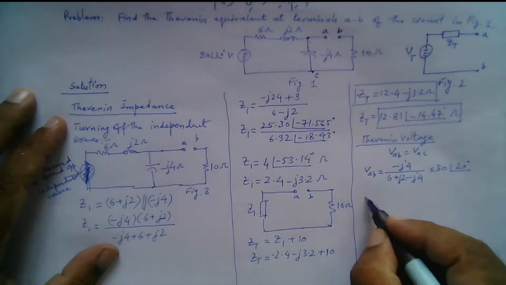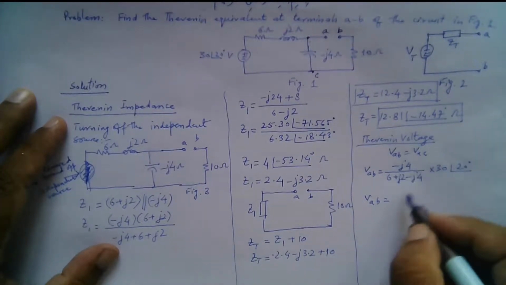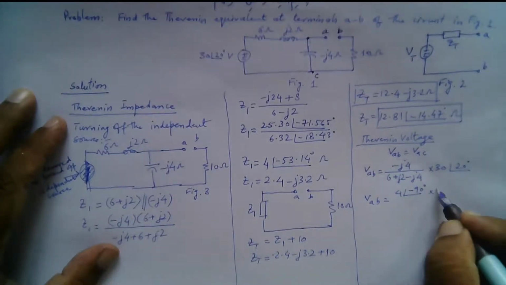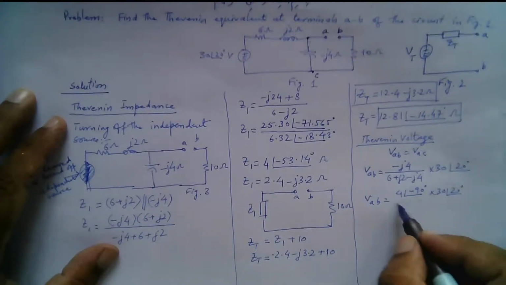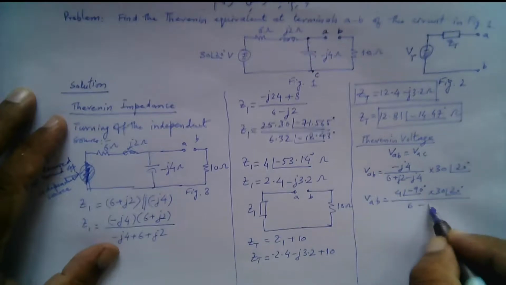So VAB is equal to, this minus J4 is equal to 4 angle minus 90 degrees multiplied by 30 angle 20 degrees, and this is divided by 6 minus J2.